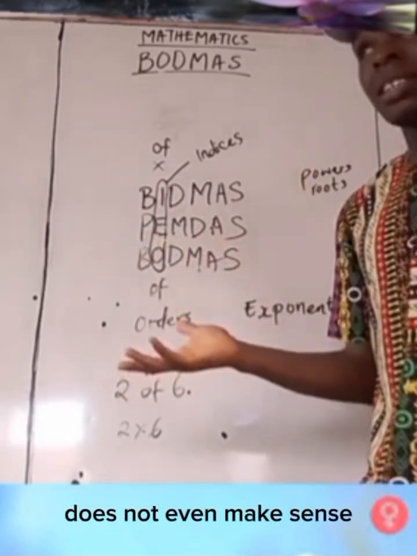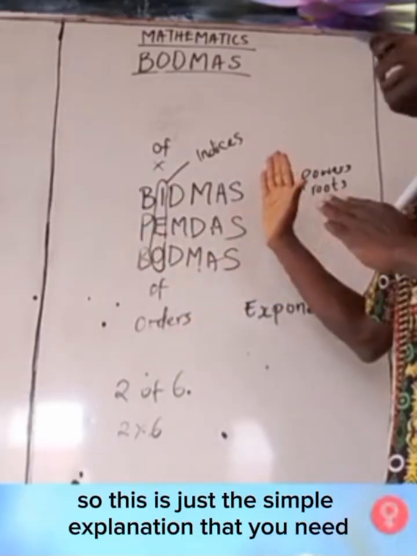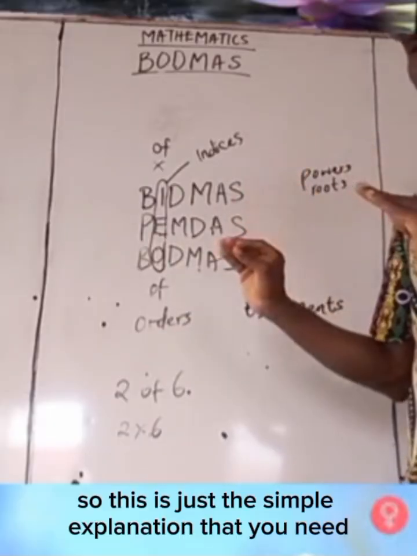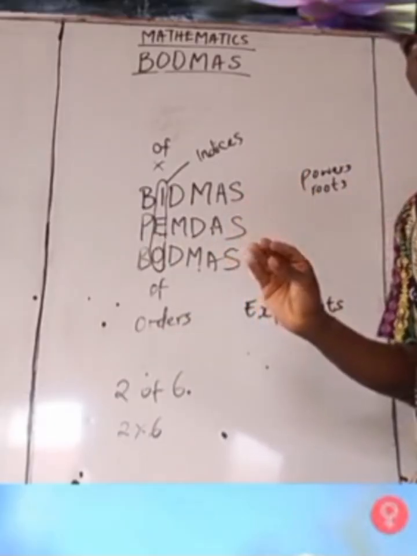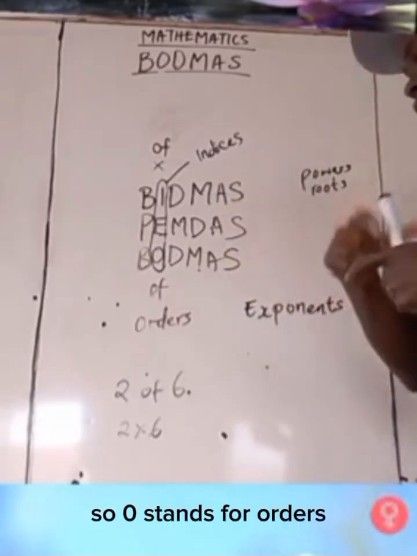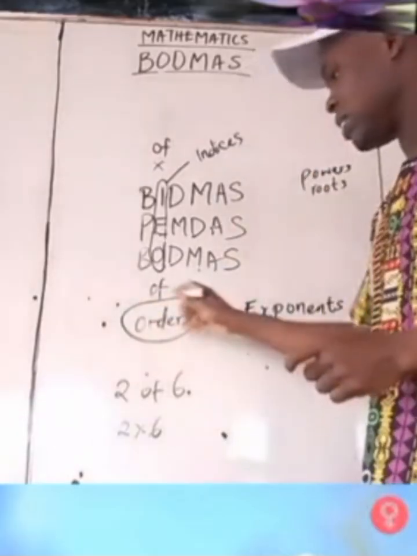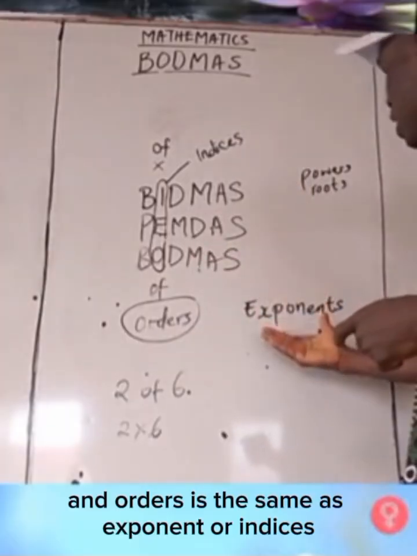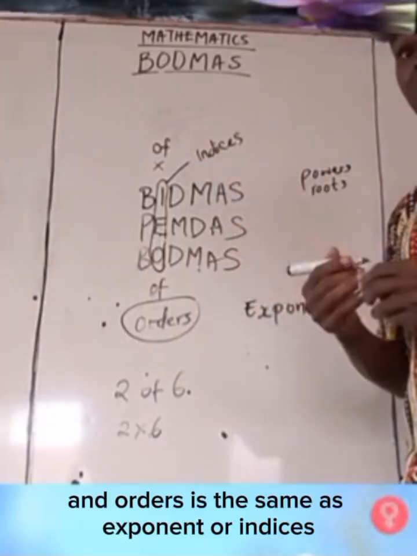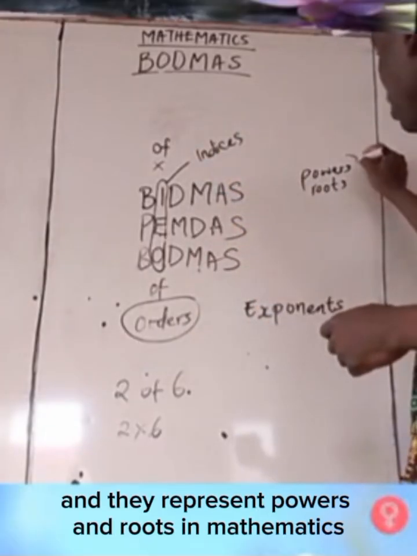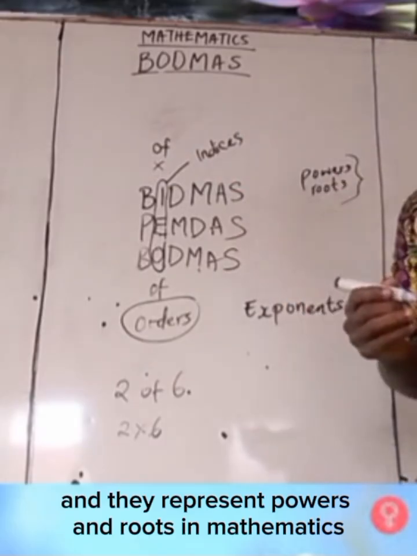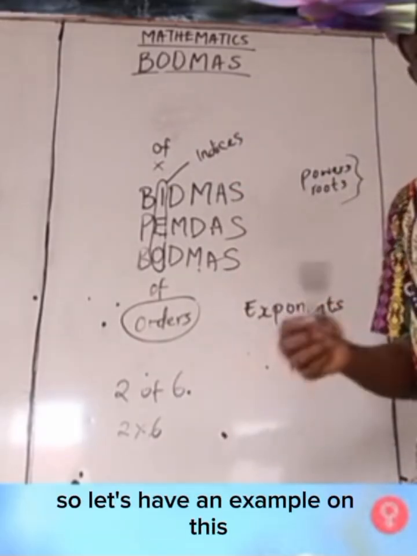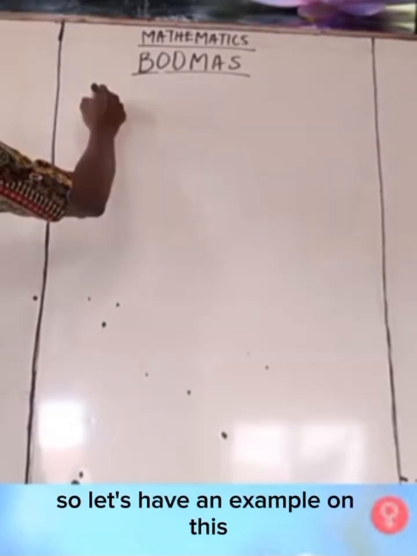So this is just the simple explanation that you need. O stands for others, and others is the same as exponents or indices, and they represent powers and roots in mathematics.